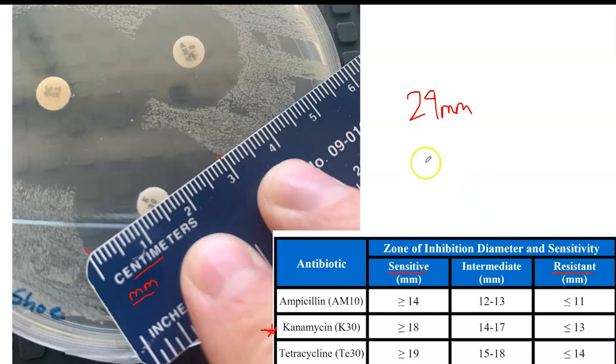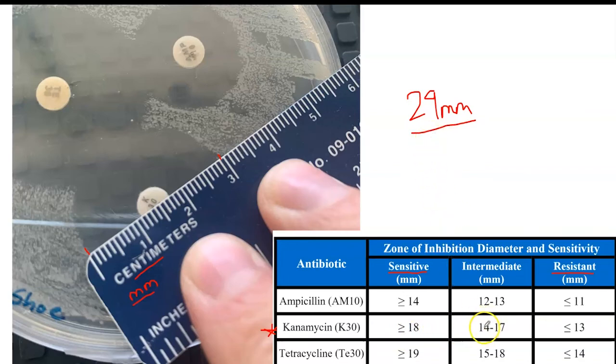The way that you use this table is you measure the zone of inhibition in millimeters, and then you find the particular antibiotic that we're interested in. So K is for kanamycin. And with this number, you have to find where it falls on the chart. So you have to remember what these mean. This says greater than or equal to 18, which is where 29 millimeters is. 29 is greater than 18.